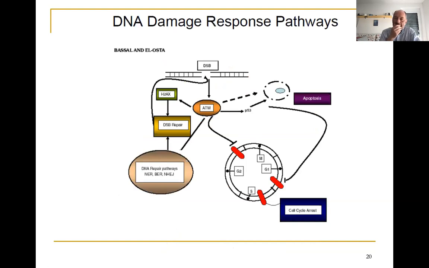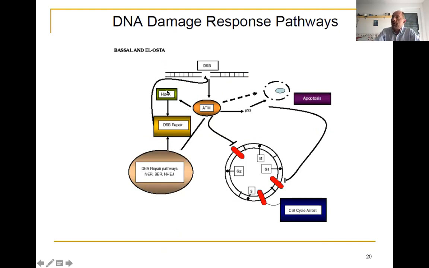To make it extremely simple, we will see many of these cartoons much more complicated. When you have a double-strand break, the first key player is ATM, and ATM has a double role here. One is the phosphorylation of H2AX. We have seen this already. I forgot to tell you that the phosphorylated form of H2AX is called gamma H2AX.